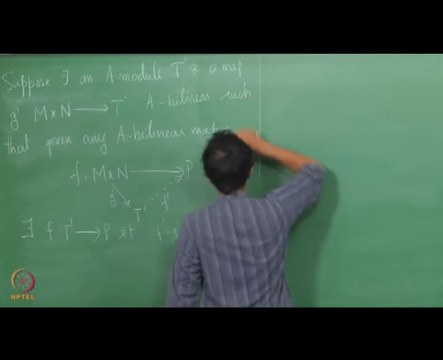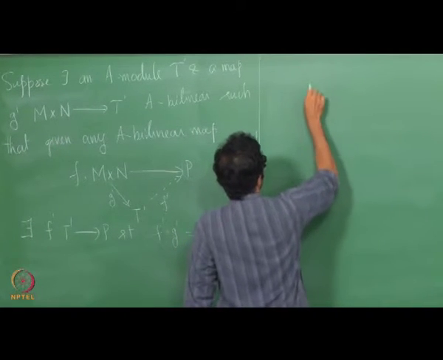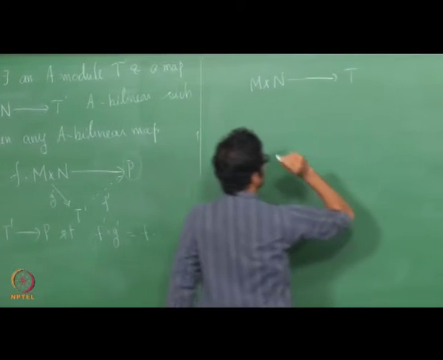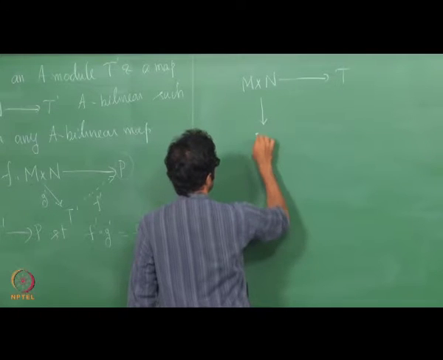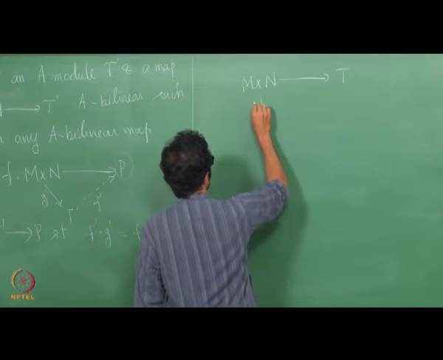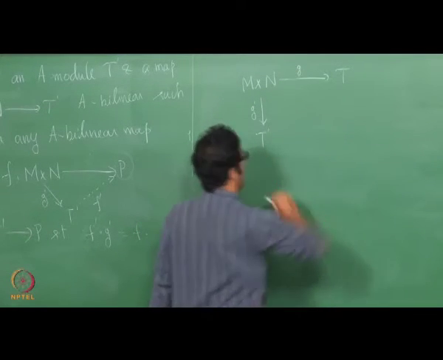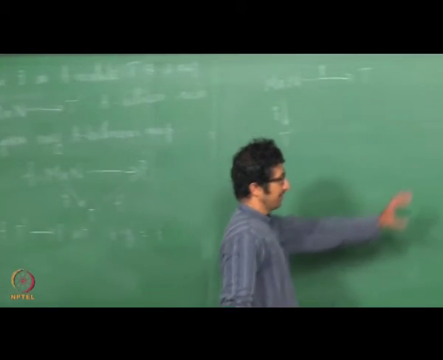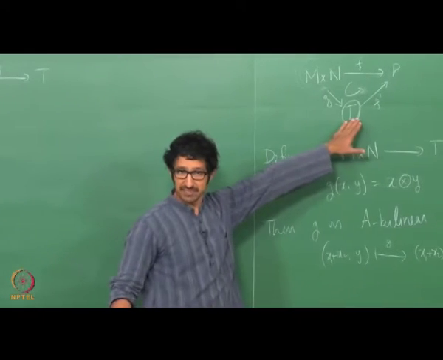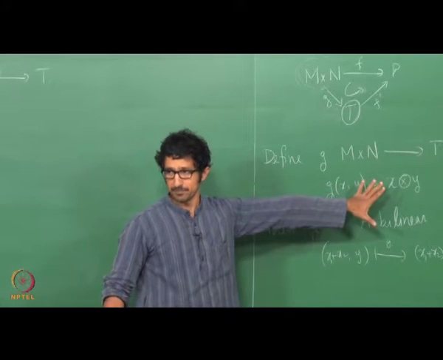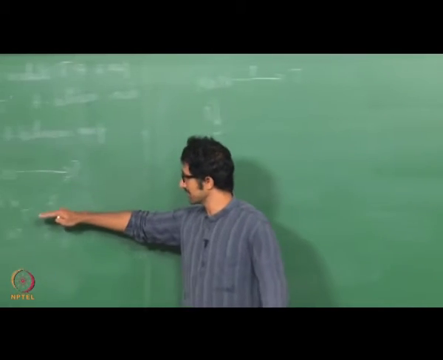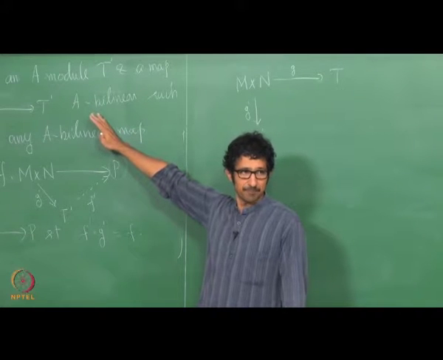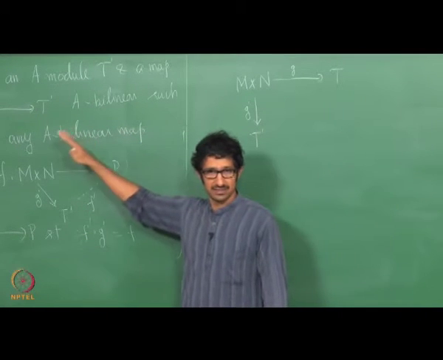So consider the map. We have two pairs, M cross N to T prime. So this is our G prime, this is our G. Okay. So first we have proved that this is our T, which is F modulo D, and T prime is the module that we have assumed which exists with respect to this property.